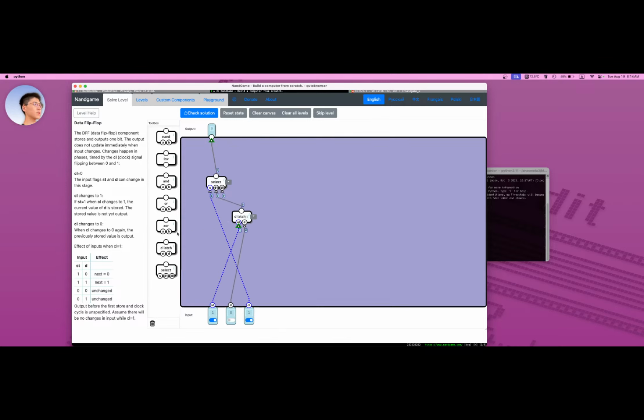When the clock is 0, what should we do? I think the logic should be like this, similar to this thing.